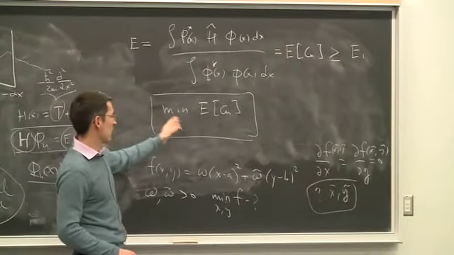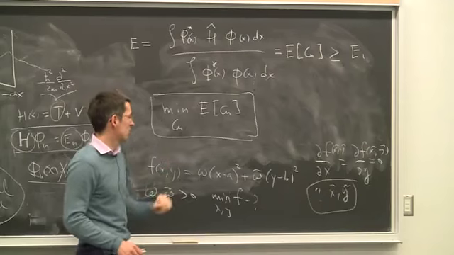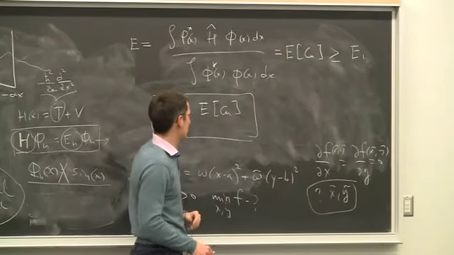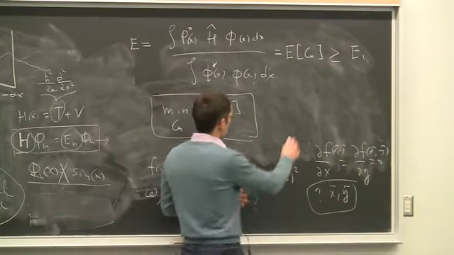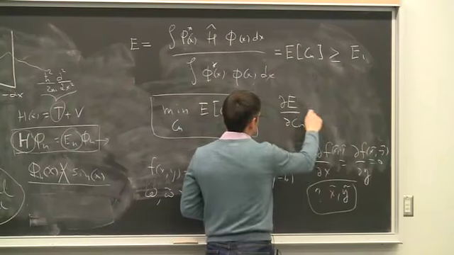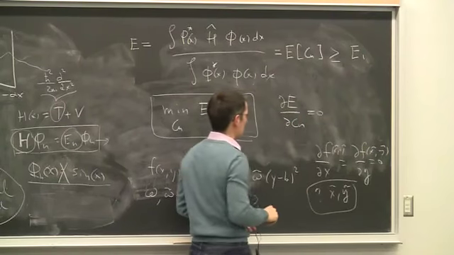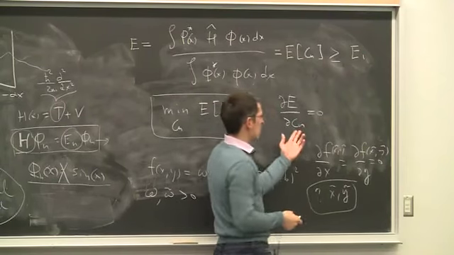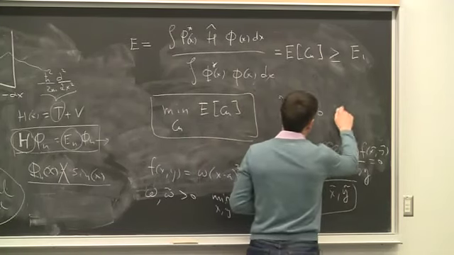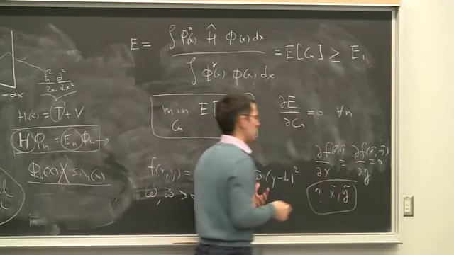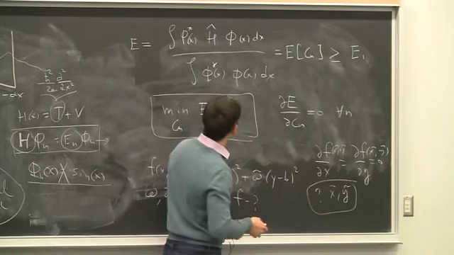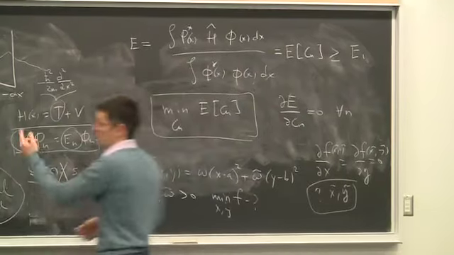So if you want to minimize this function, because it is a function, this E is a function of coefficients. So all you need then is to find the partial derivatives, make them 0, and then find the coefficients that make this partial derivative 0, right? For any n, right? N can be anything, for all n's from this expansion.